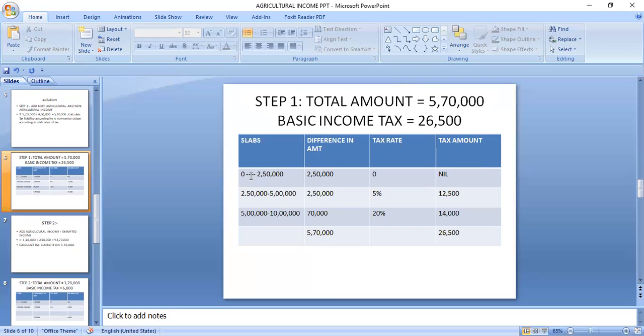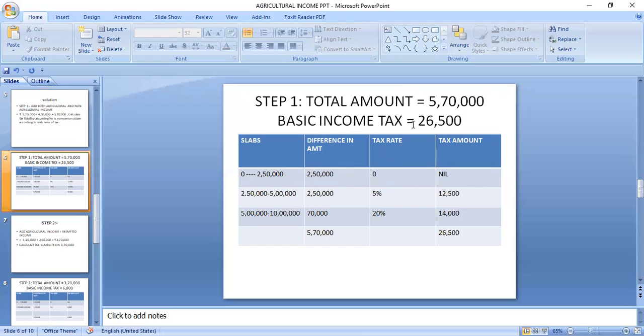The first part, the second part, the third part. First part is 0 to 2.5, tax rate is 0, and the difference is 2.5 lakhs. Second category is 2.5 to 5 lakhs. Difference is 2.5 lakhs, tax rate is 5%. 5% on 2.5 lakhs is 12,500. Now this 5,70,000 comes in the third category.